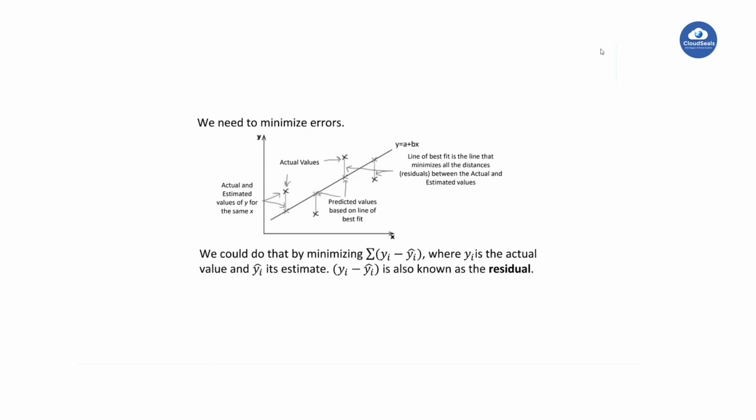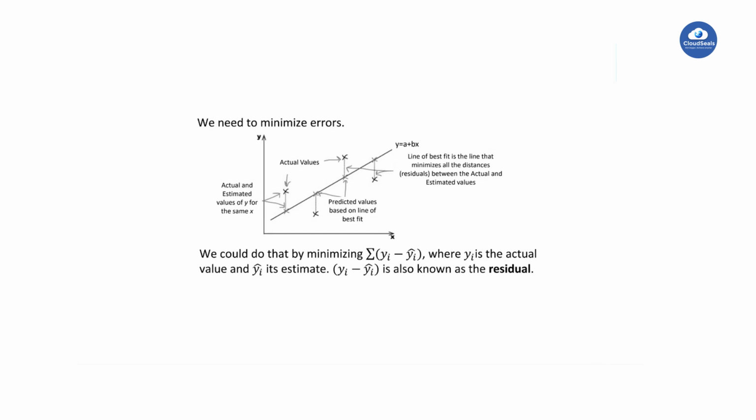So y equal to a plus bx is the formula for the linear regression model. A is the constant, b is the coefficient. We do that by minimizing. Here yi is the actual value, y cap is the predicted value, that is the estimated value.